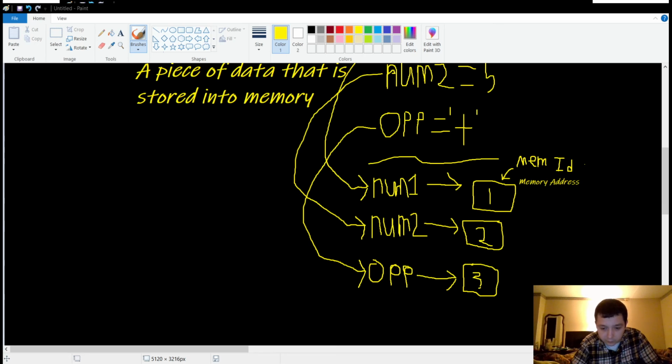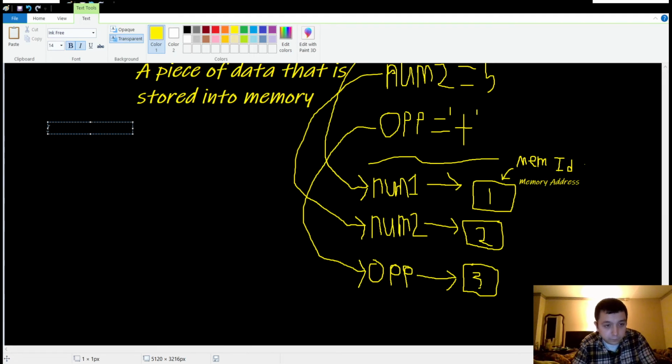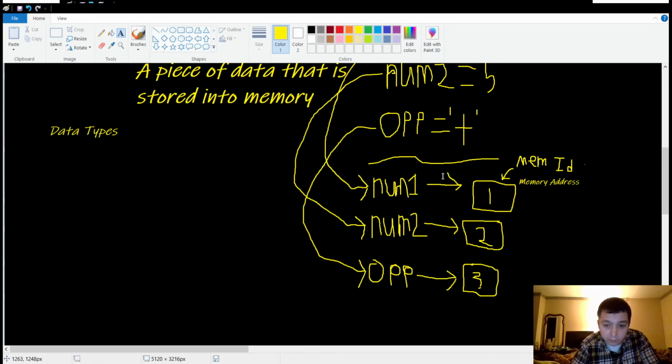Another concept that's kind of important, and this is going to be the last concept because it's kind of an advanced concept, is about data types. So what a data type is, if we're talking about, let's say, num1, right?